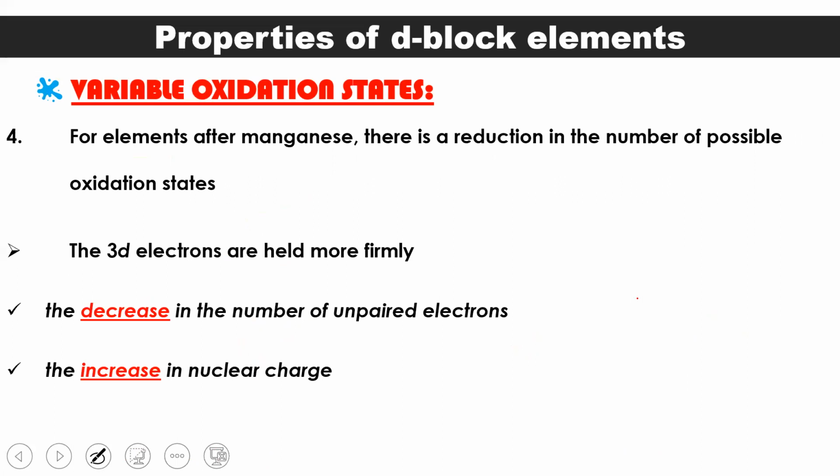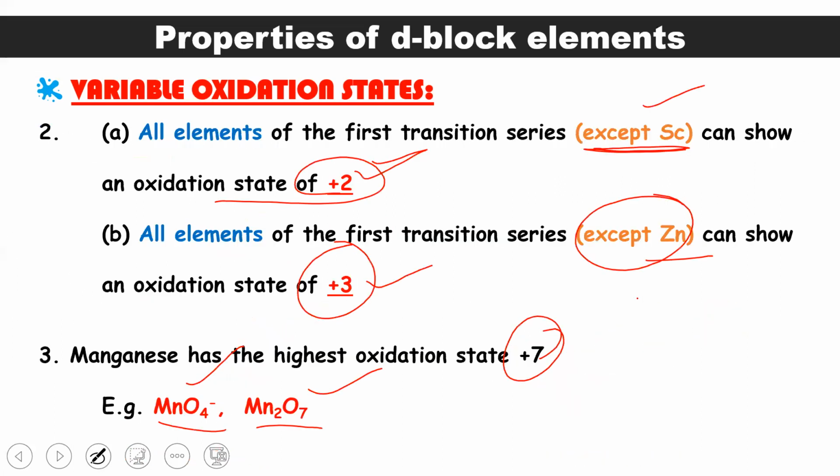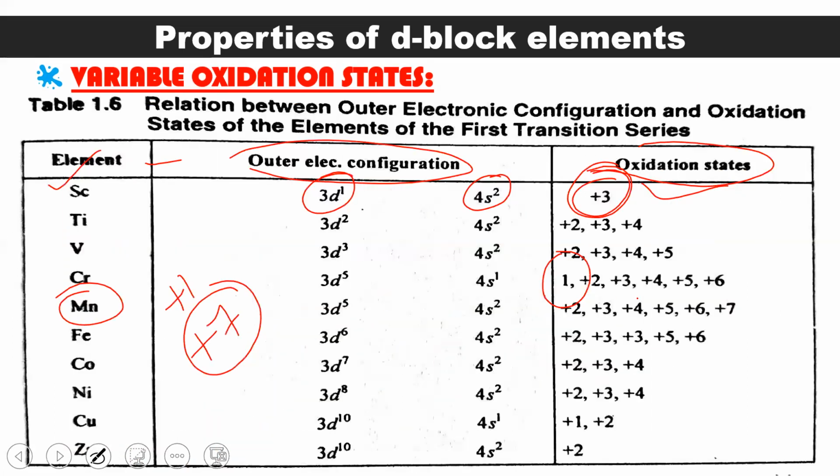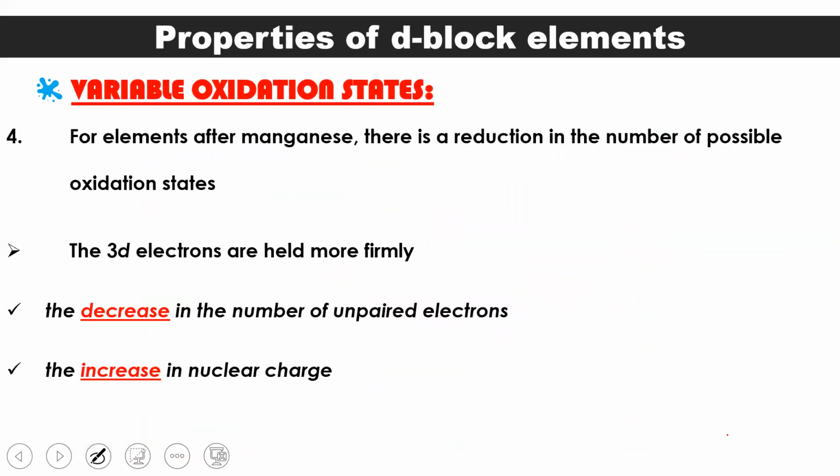For the elements after manganese, there is a reduction in the number of possible oxidation states. After manganese, there is automatically a decrease in the oxidation states. If you observe the variable oxidation state table of the previous series, after manganese there will be a decrease in the oxidation states from manganese to zinc.